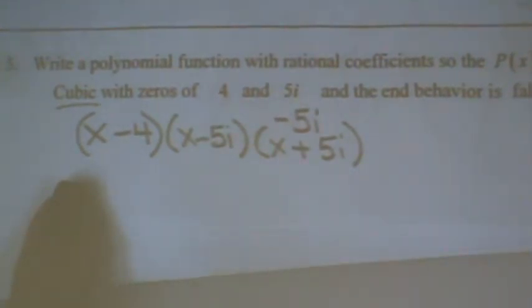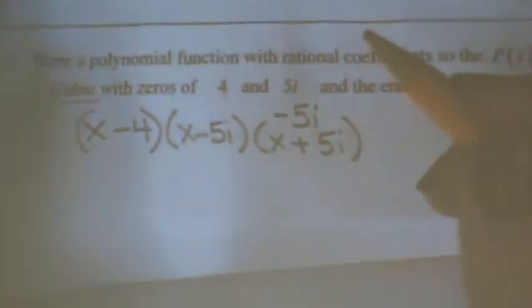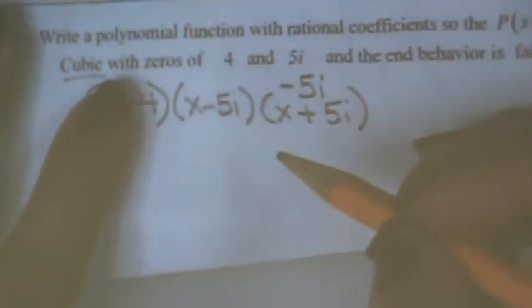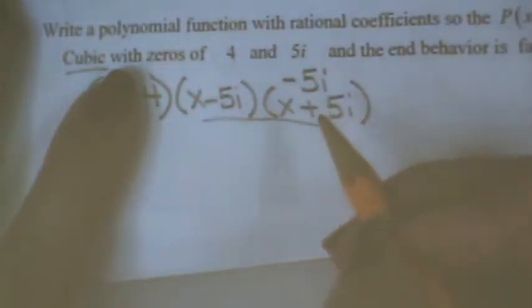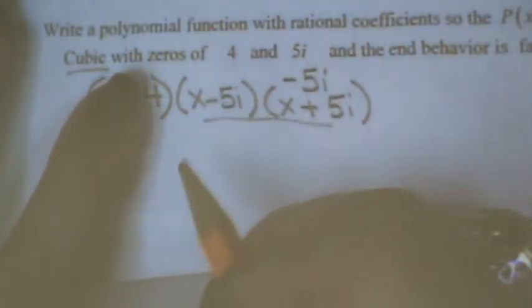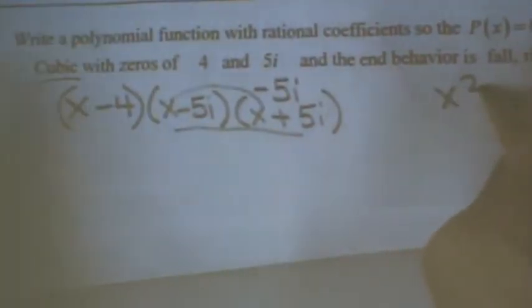Does everyone understand this? Now, we have to take it one step further, and we have to FOIL it out. If you took these two right here and multiplied them out, you're going to get x squared.